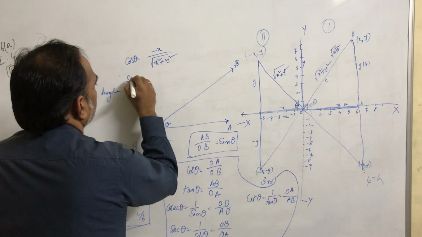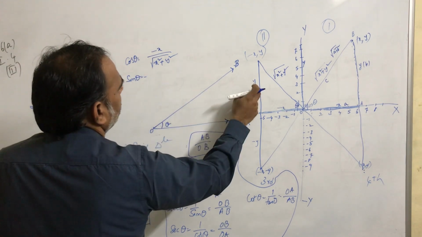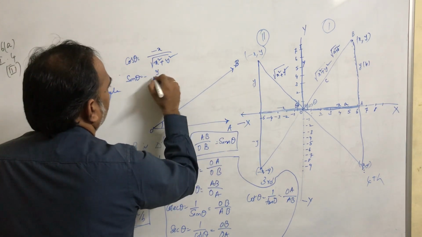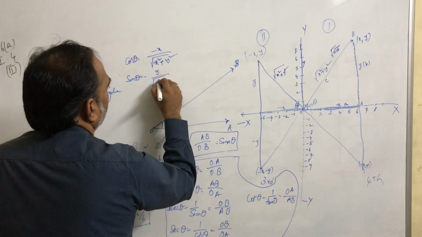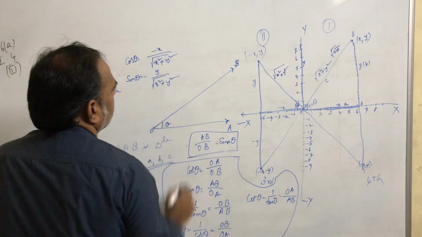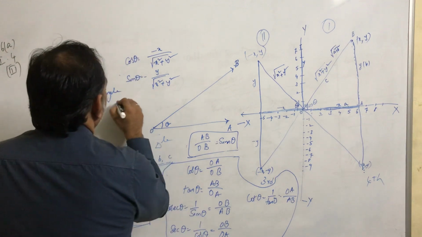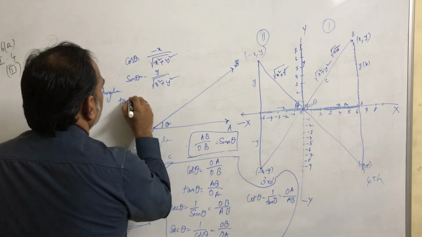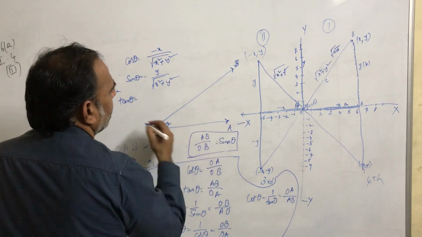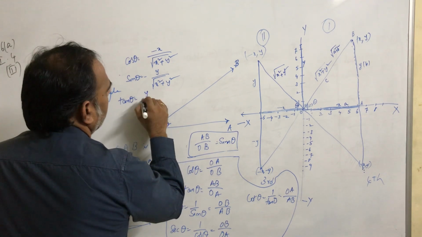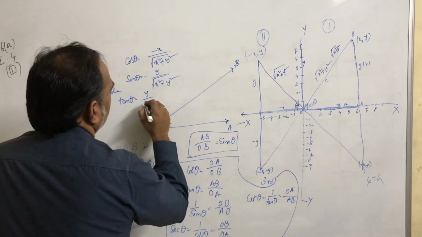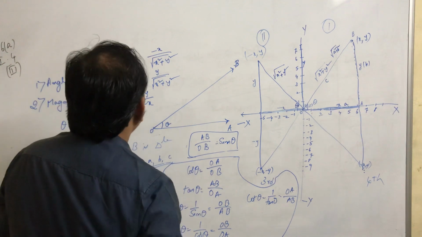And what is sin theta? Sin theta equal to opposite side y by square root of x square plus y square. Okay. And then what is tan theta? Tan theta equal to opposite side divided by adjacent side, minus x. Okay.